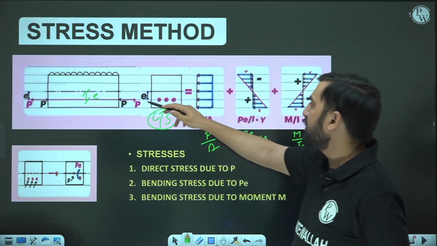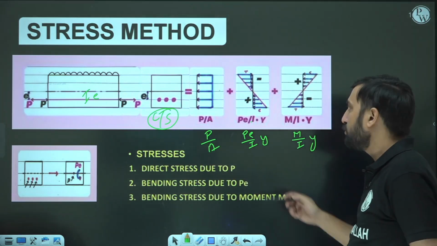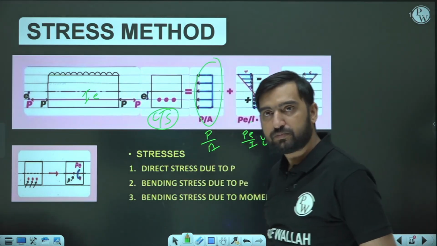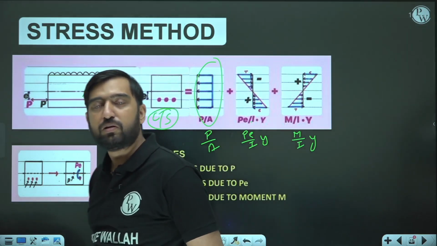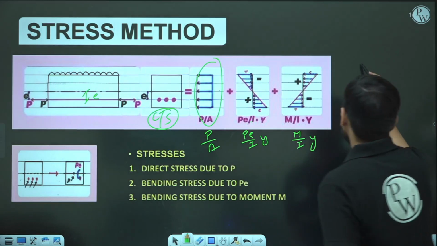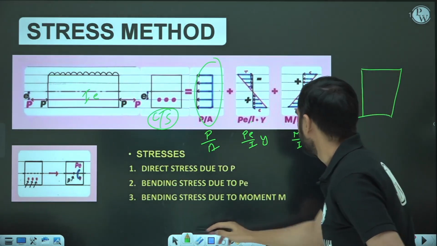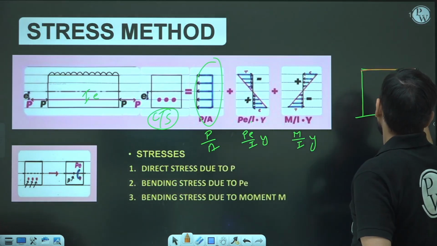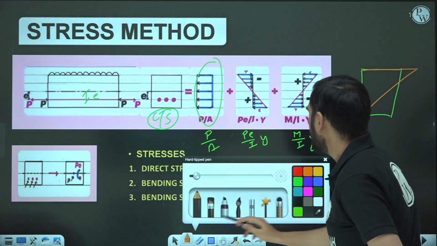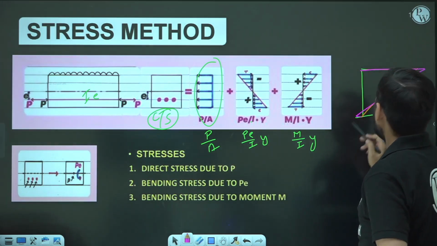So this eccentricity has been decided based on the external load stress condition, so that there could be a resultant compression throughout. Okay, and final stresses may be like this, it may be like this, or it may be even like this, small tension.